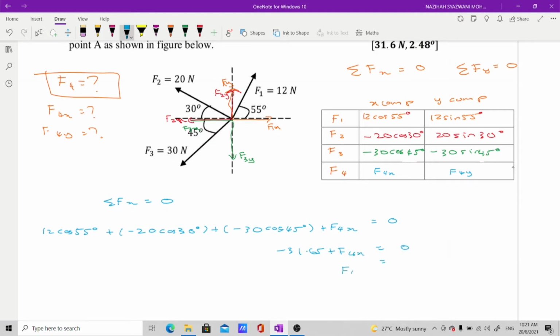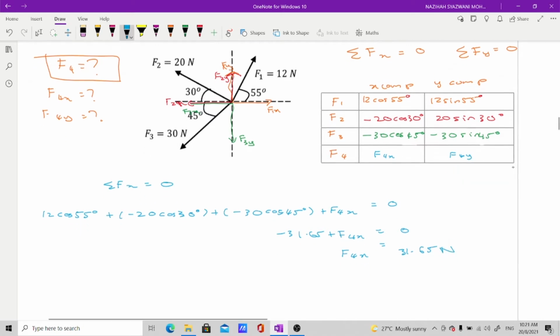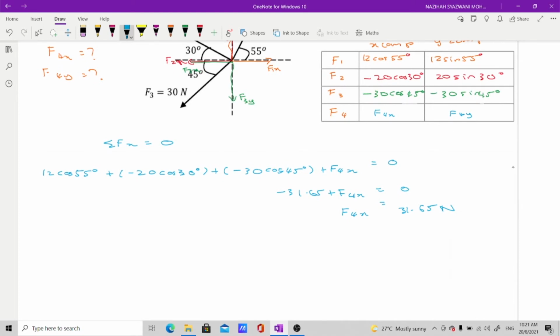So F4x is 31.65 Newton. That is for the x component.